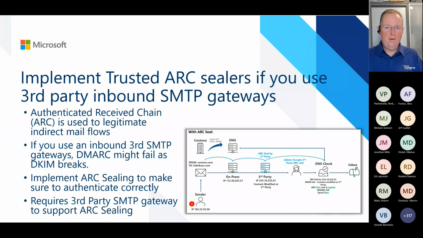In order to overcome this, I highly recommend, if you use anything like Proofpoint or whatever, that you implement Proofpoint as a trusted ARC sender. So enable this on the third-party SMTP gateway, and of course, you need to add that into your settings for ARC sealing. As I said, this requires that your SMTP gateway supports ARC sealing in order to do this.